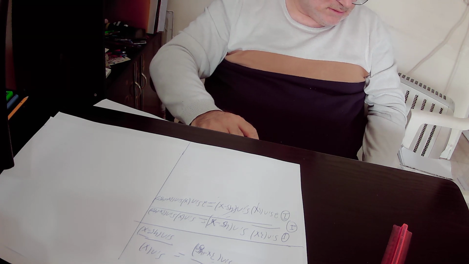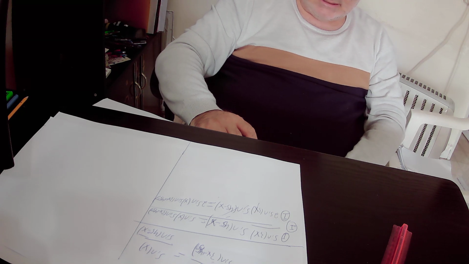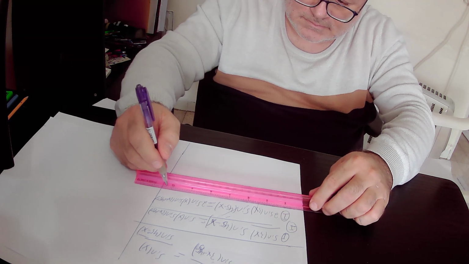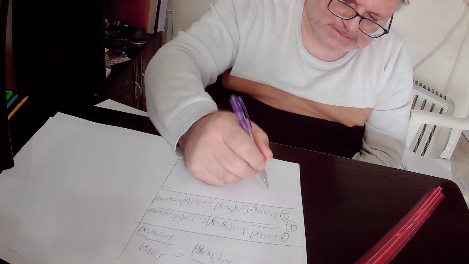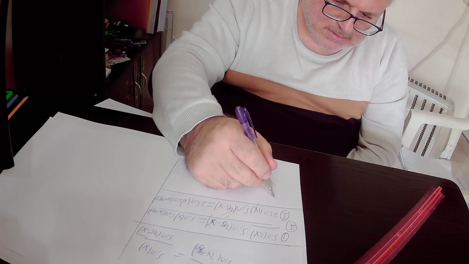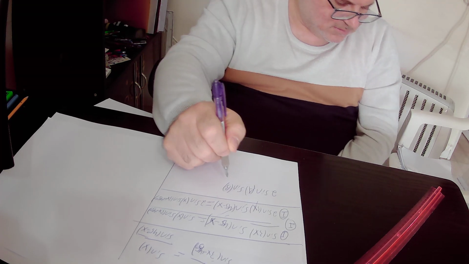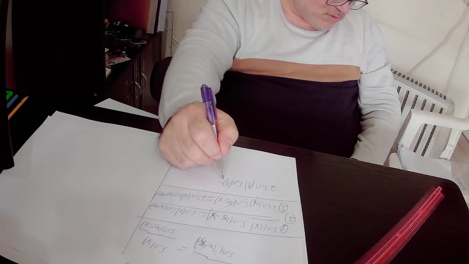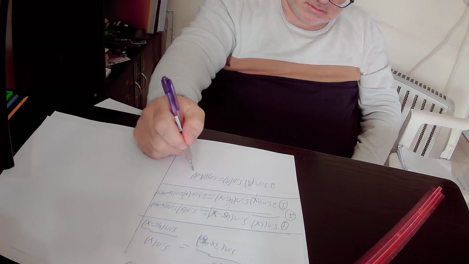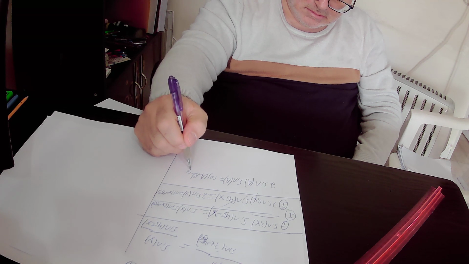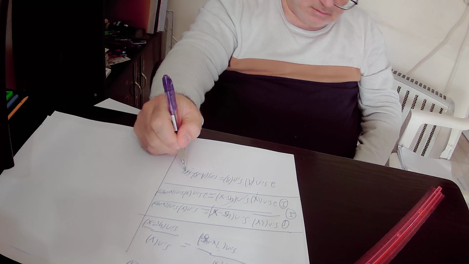And we will use the trigonometric identity that states that 2 sine A sine B equals cosine (A minus B) minus cosine (A plus B).